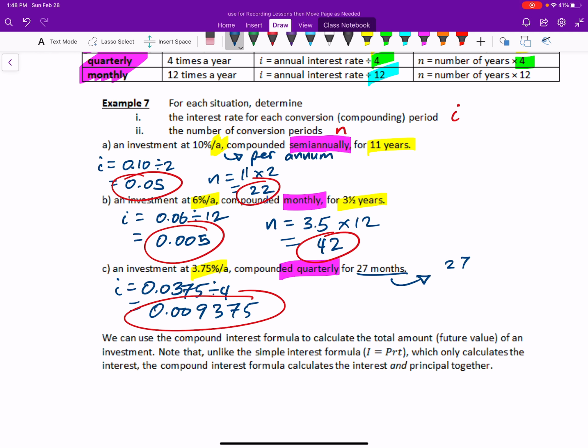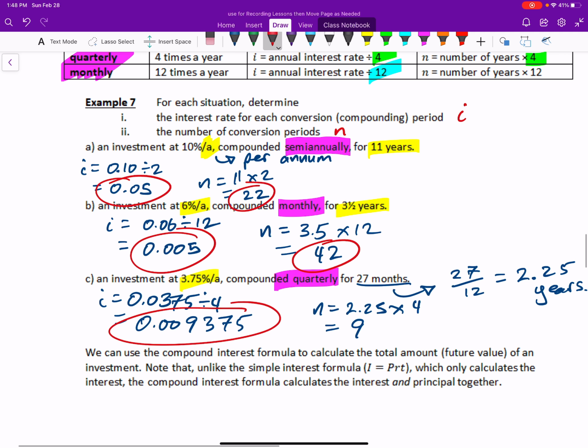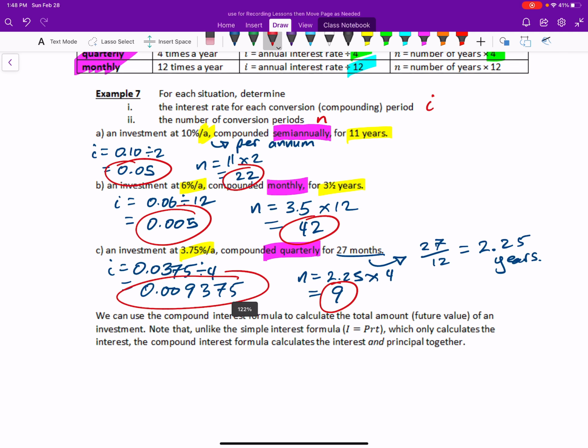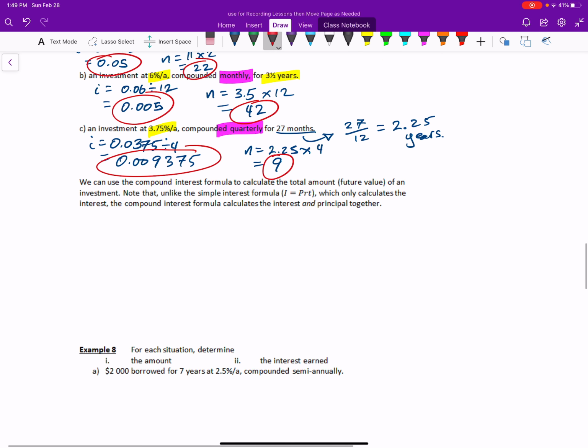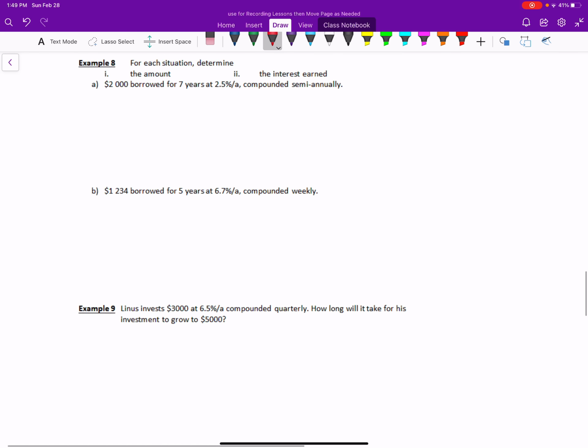So 27 months is the same as 2 1/4 years. So I have to start with years there. And then I can do N equals 2.25. And quarterly, again, means I multiply by 4. So that'd be 9 times. Once I've got those, then I can put them in my interest formula.